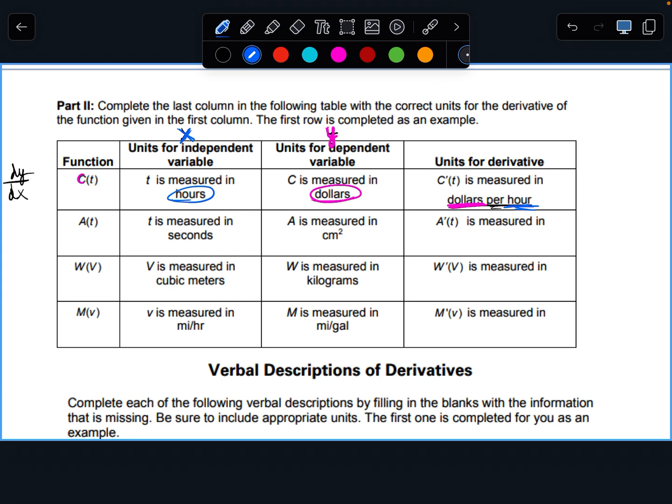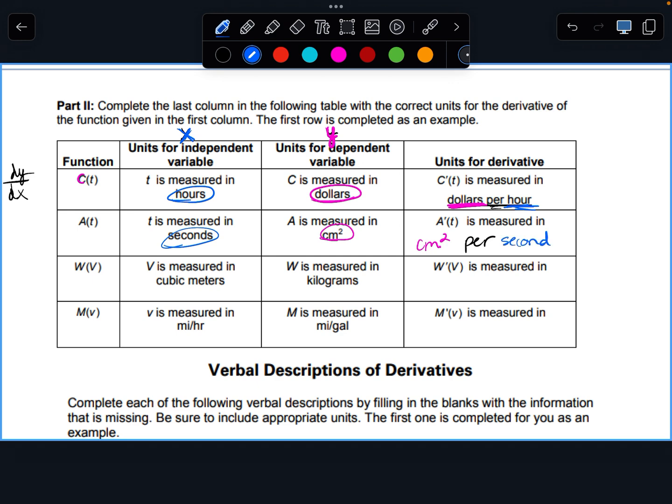That's all you're doing. So like A of t, A is measured in centimeters squared, so I'm assuming it's an area thing. And then t is measured in seconds. So A prime of t is measured in centimeters squared per second. That's it.